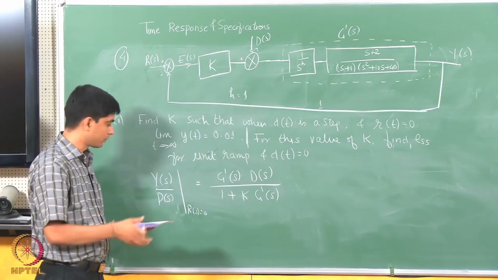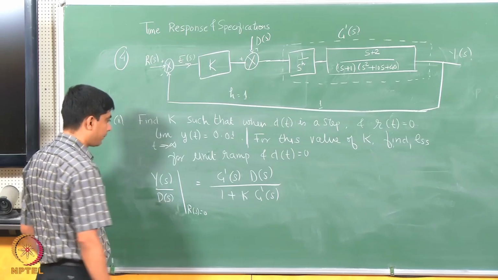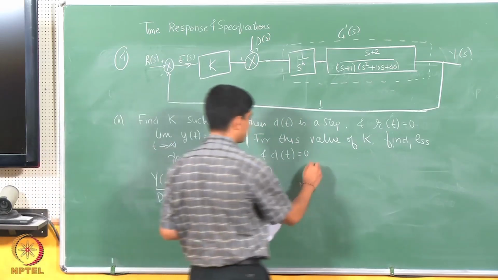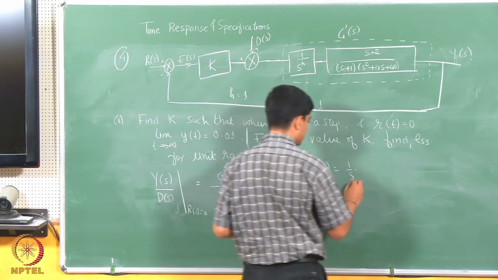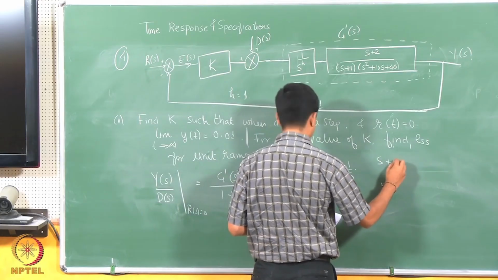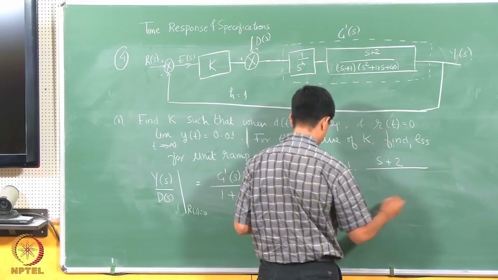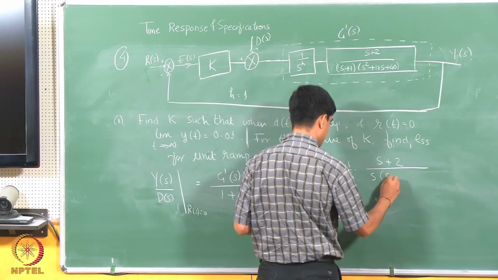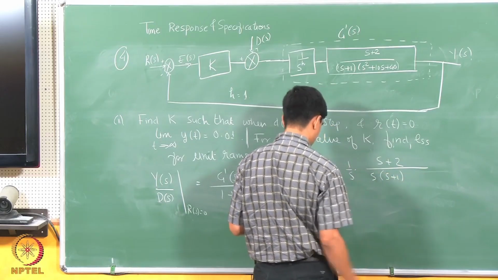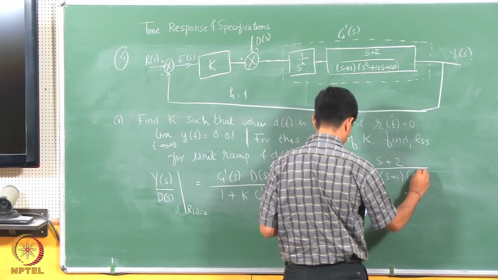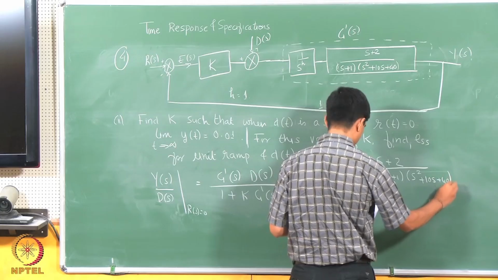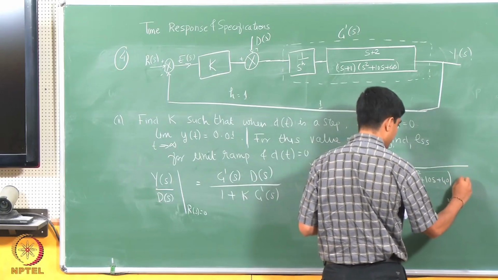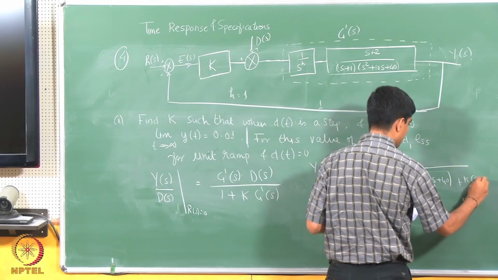Now, d(s) is a step, so y(s) is 1 over s, which is my step disturbance, times (s plus 2) over (s plus 1)(s square plus 10s plus 40) plus k(s plus 2).